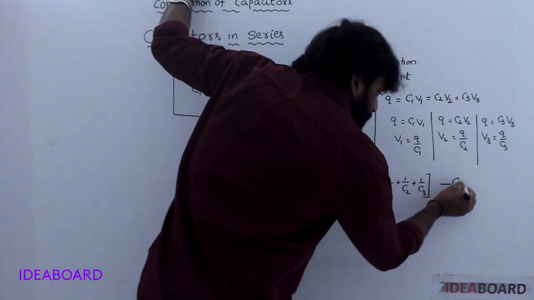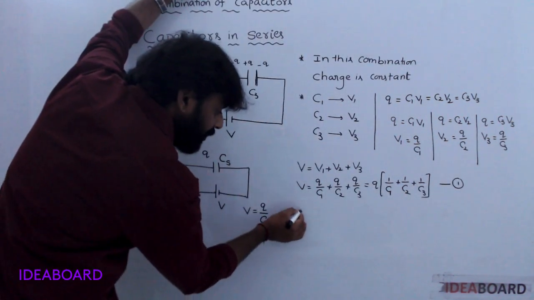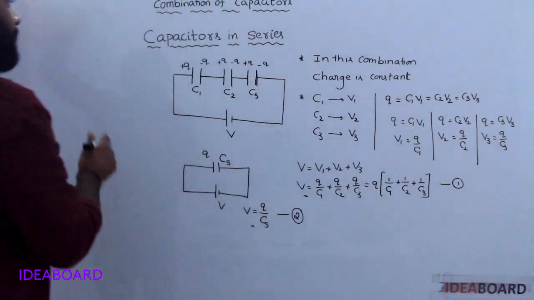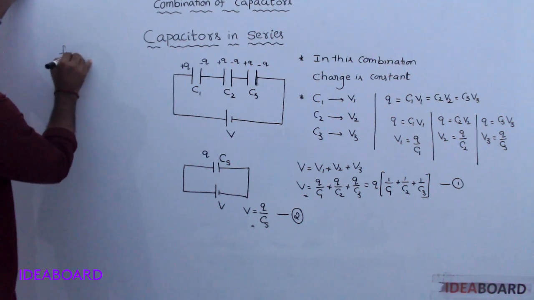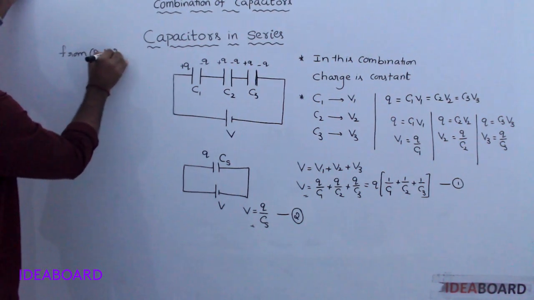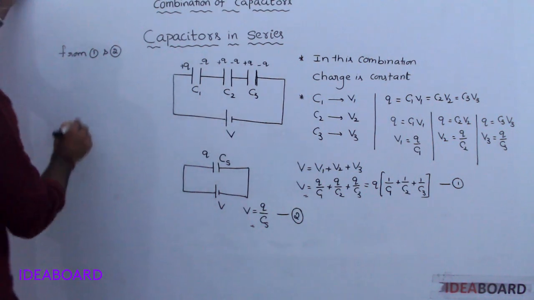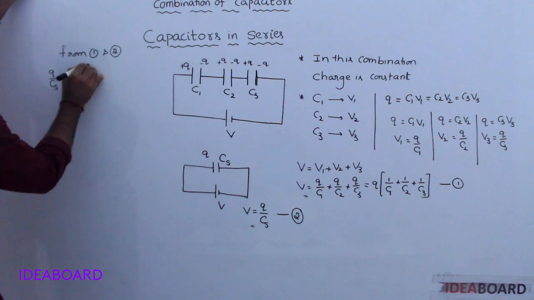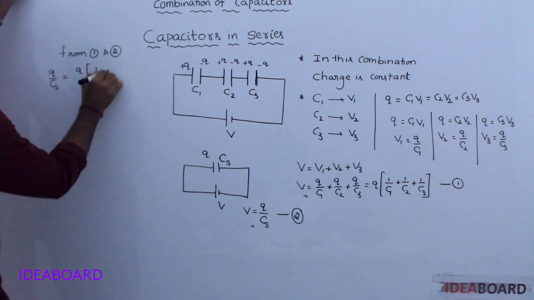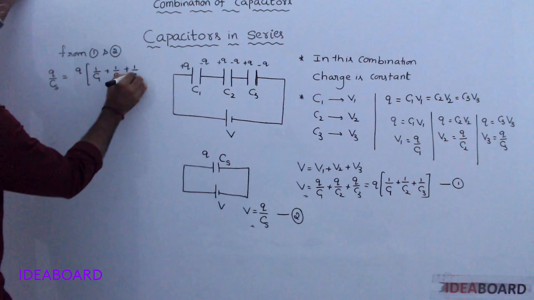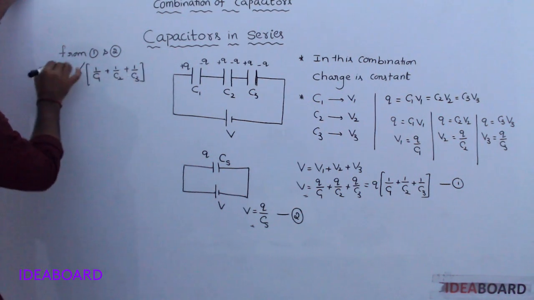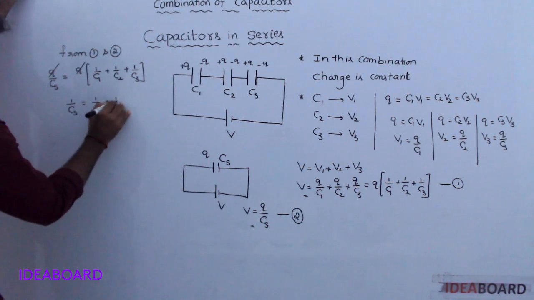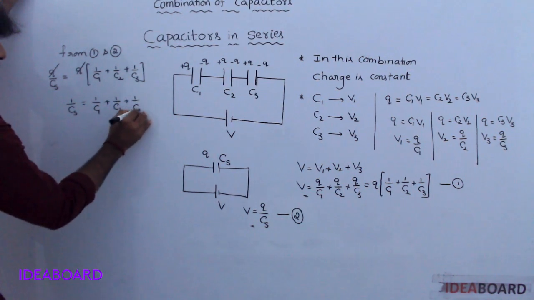Q cancels. So 1 by CS is equal to 1 by C1 plus 1 by C2 plus 1 by C3.